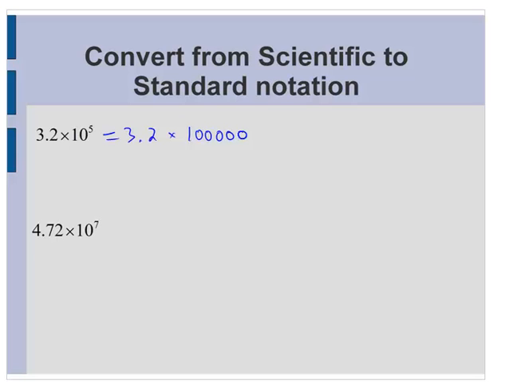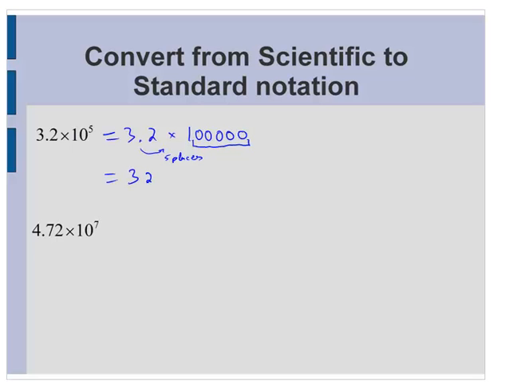If you remember something about decimals, if you multiply a decimal number by a power of 10, you simply move the decimal point to the right as many places as there are zeros. So since there are 5 zeros here, I move the decimal point to the right 5 places.